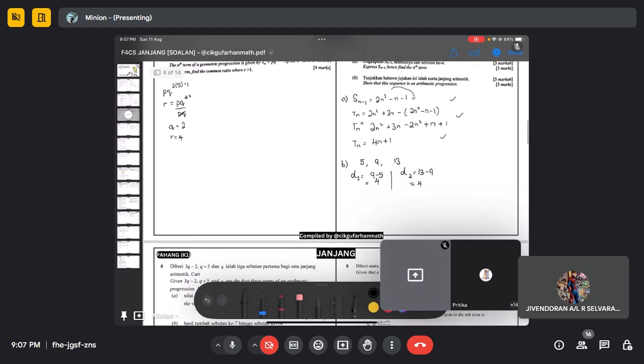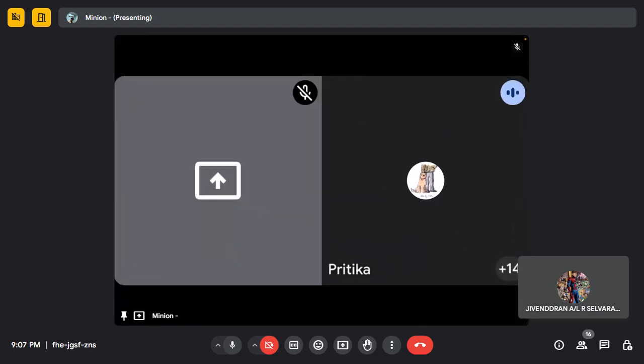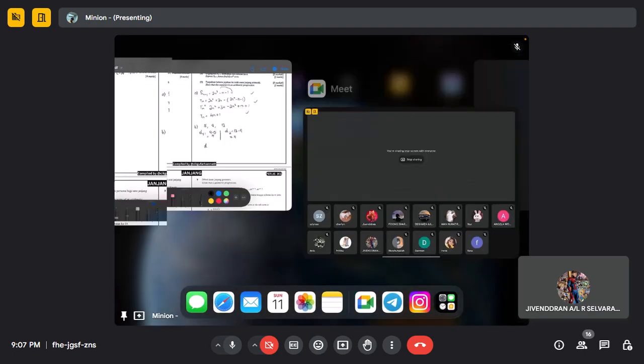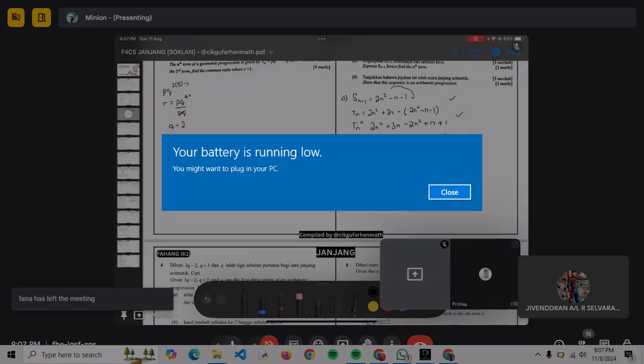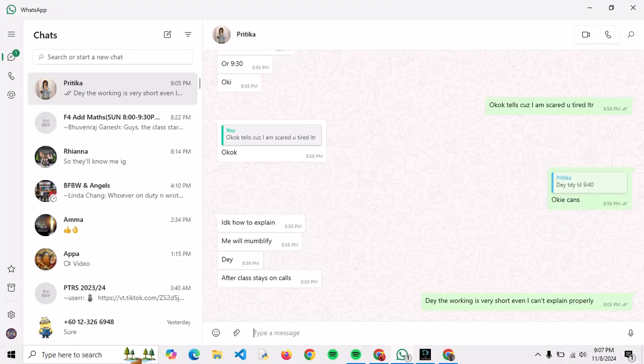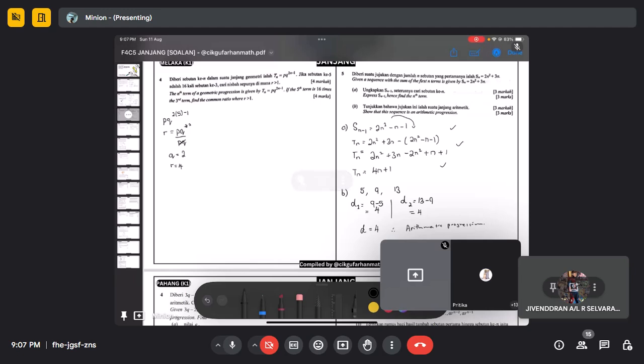So d is equal to 4, which is an arithmetic progression. Okay, can you all understand?